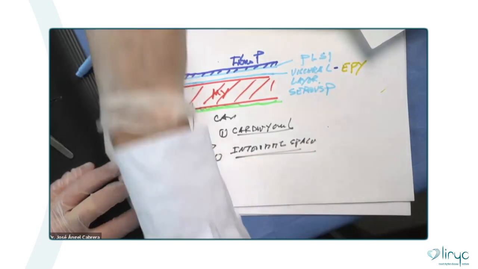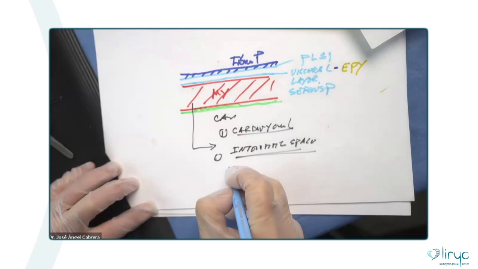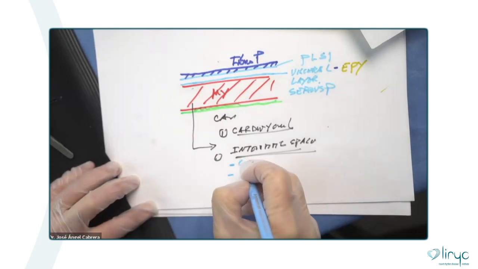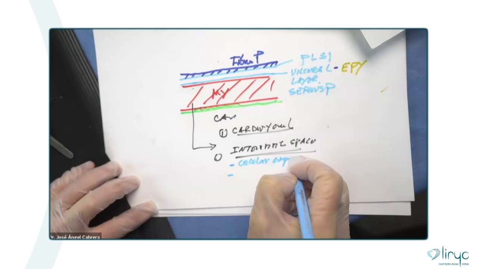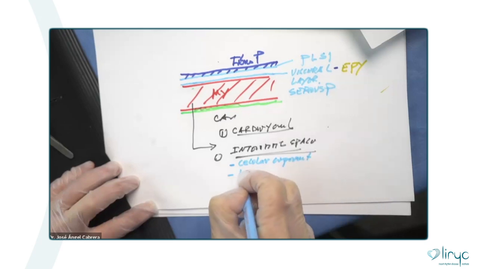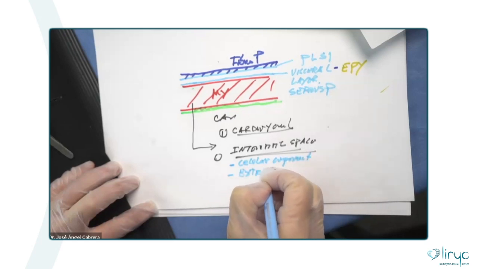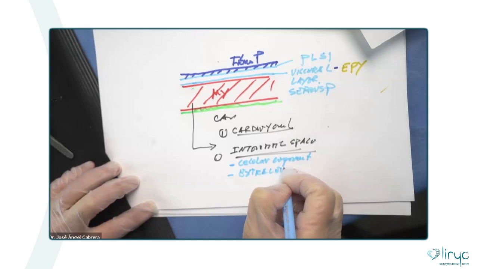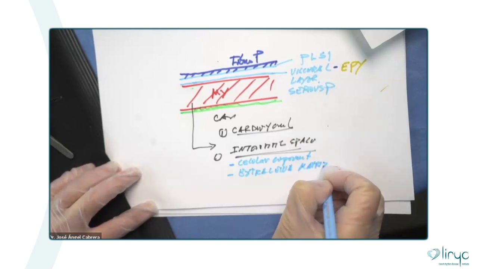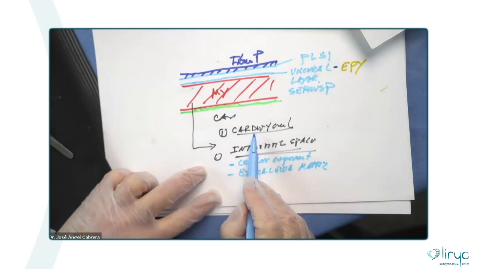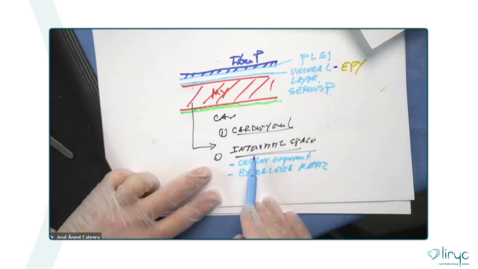And the interstitial space has one that is the cellular component and the extracellular matrix.